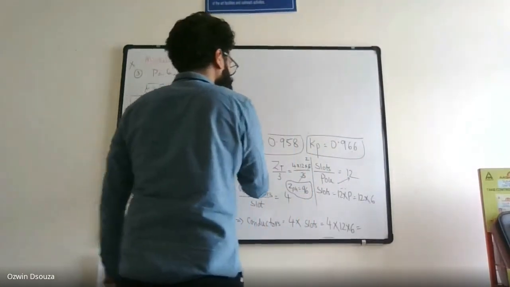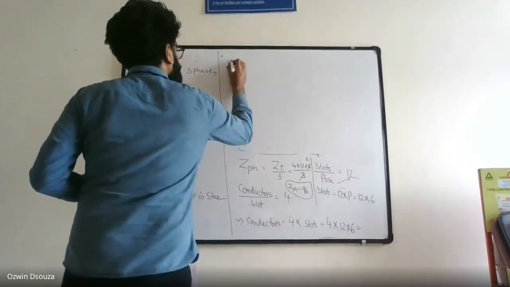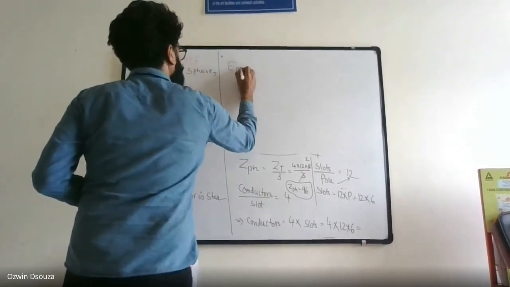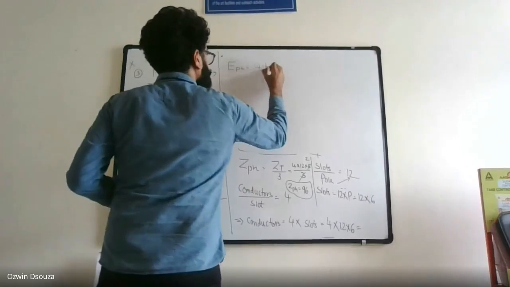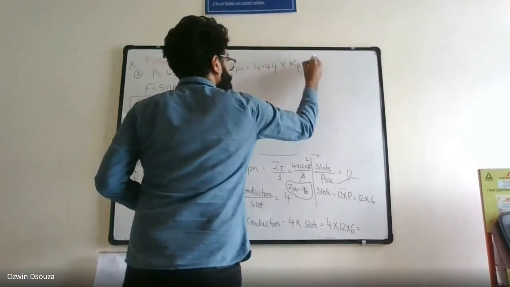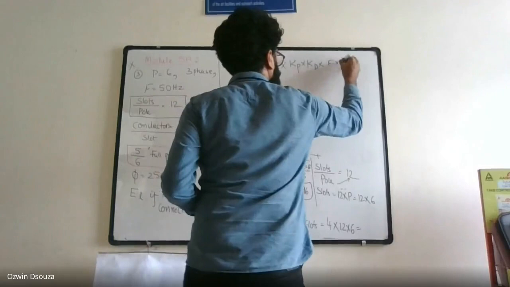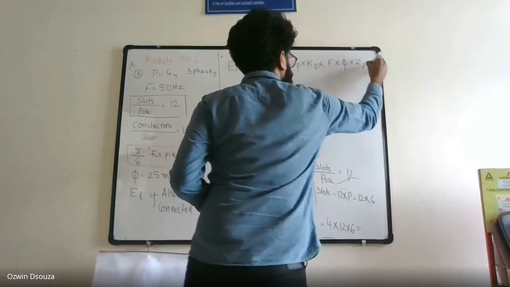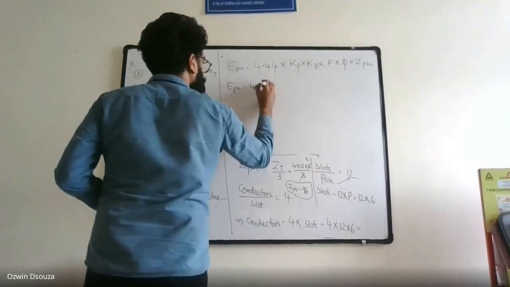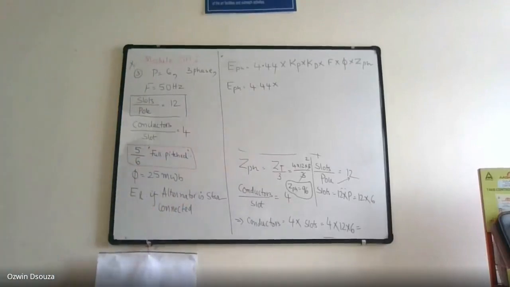Did anyone calculate EMF? So E phase is equal to 4.44 into Kp into Kd into F into phi into Z phase. How much did we get?